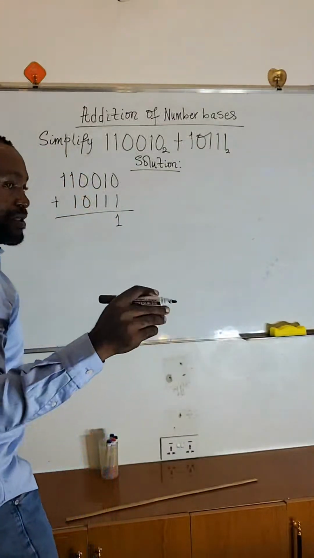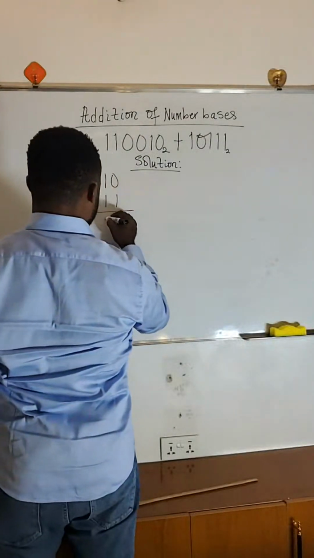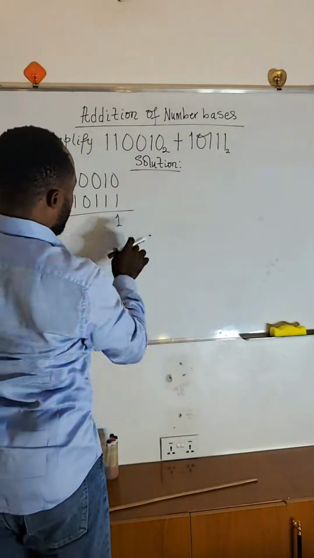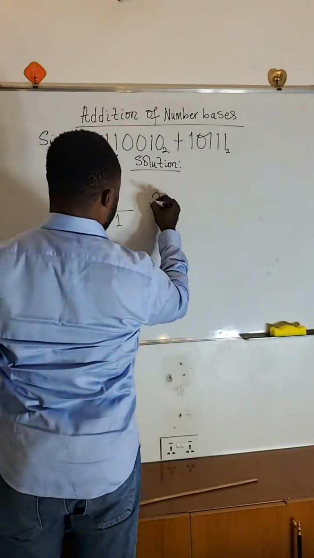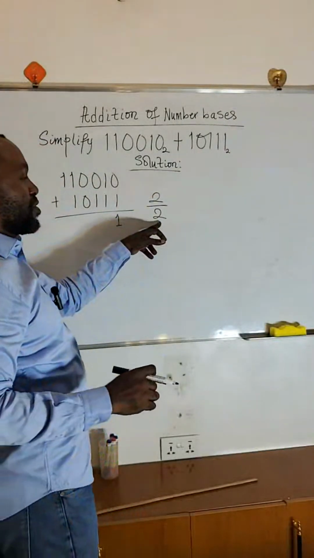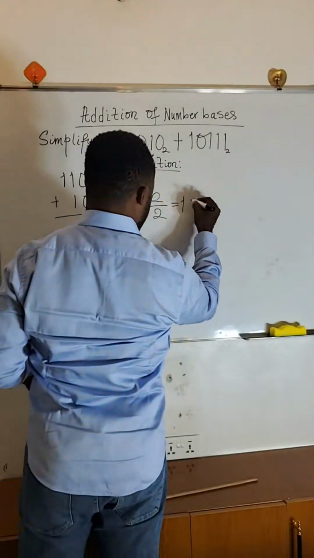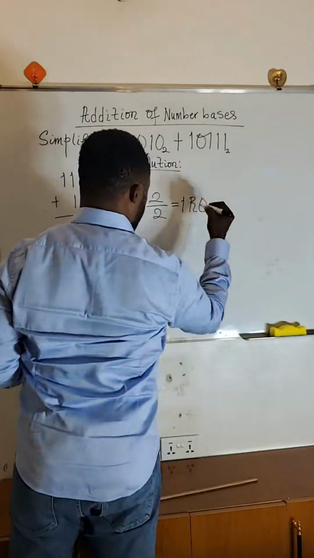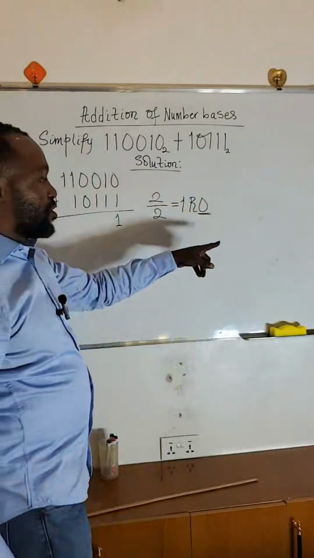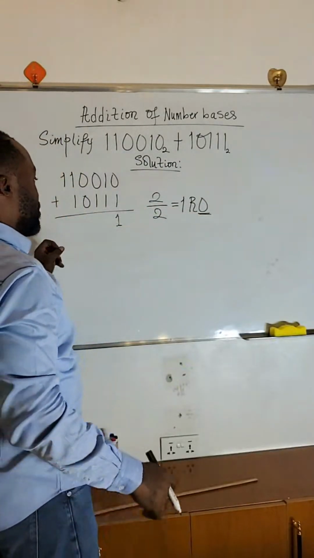Since we are working in base 2, you cannot keep 2 here. So what we will simply do is 2 divided by 2, the base that we are working with. That will be 1, remainder 0. It is this remainder that you will have to keep here and then take 1 over.